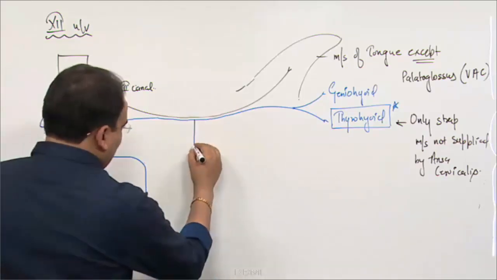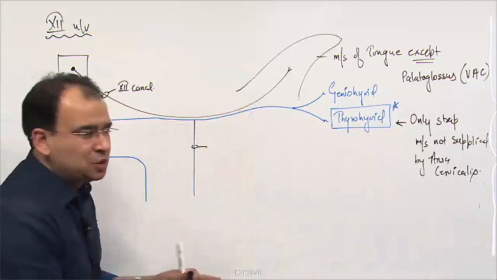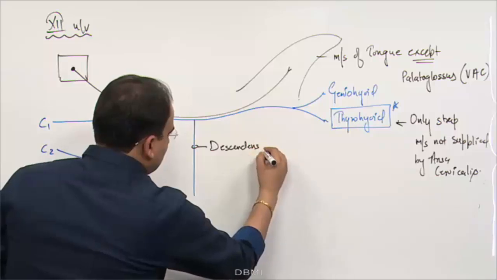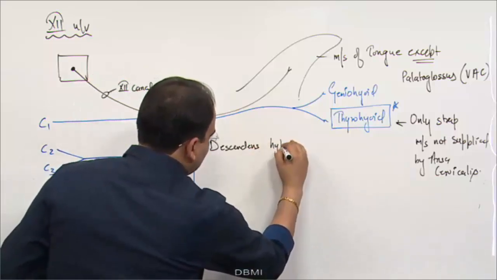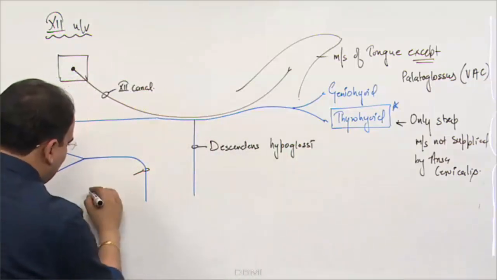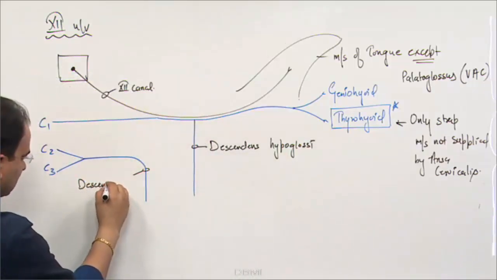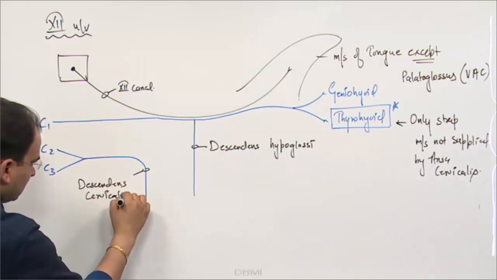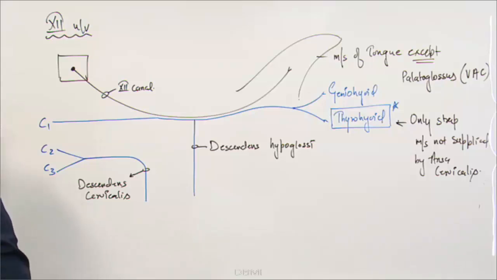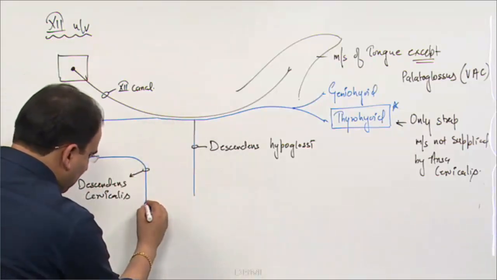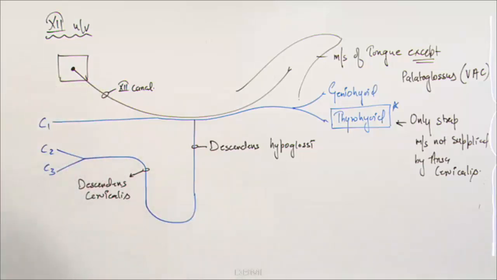Because it is descending from the hypoglossal region, we call it descendens hypoglossi. And this one is called descendens cervicalis. Descendens hypoglossi and descendens cervicalis together will meet in front of the carotid sheath and they form ansa cervicalis.